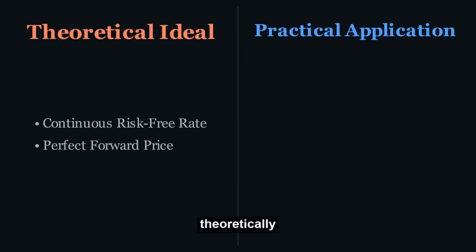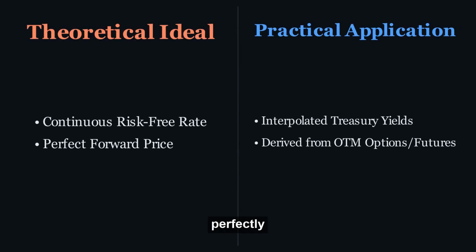Consider the contrast: theoretically, we might assume a single, perfectly observed risk-free rate. In practice, we use observable rates like treasury yields, interpolated for specific maturities. Similarly, the theoretical forward price is a continuous concept, but in practice, it's derived from the closest out-of-the-money options or futures prices, requiring careful calculation and selection to match our model's assumptions.